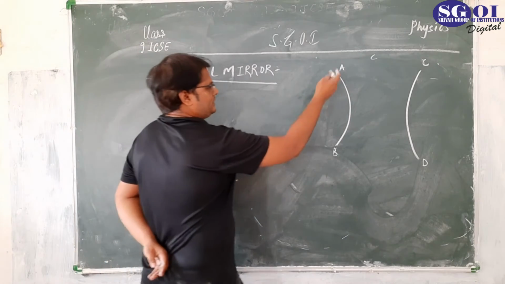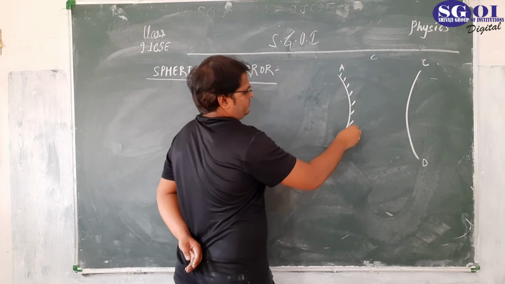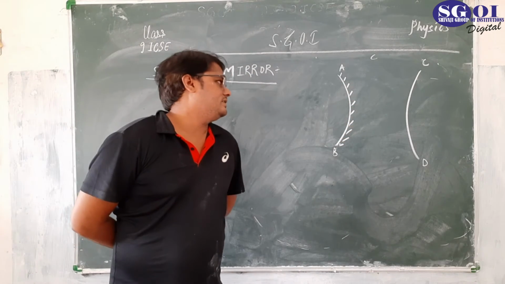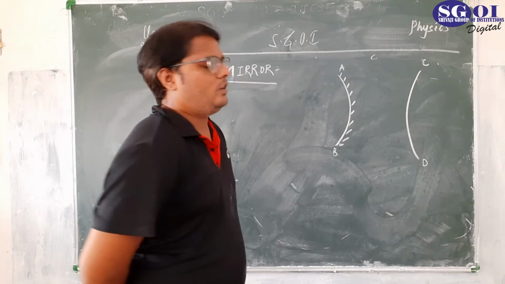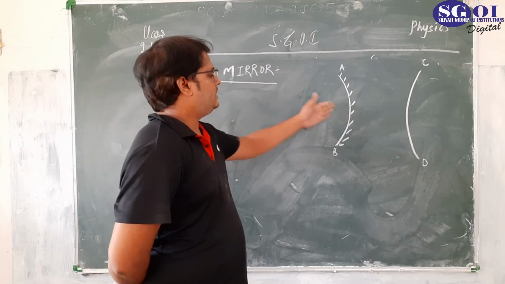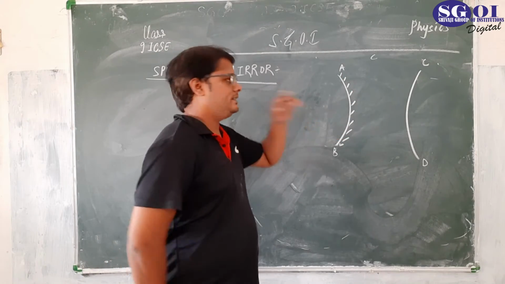For this surface, let's polish it like this. We polish the surface. Which side? Can you tell me? We polish on which side, outer or inner? Where is the center? Center is on the left side, and we polish on the right side.